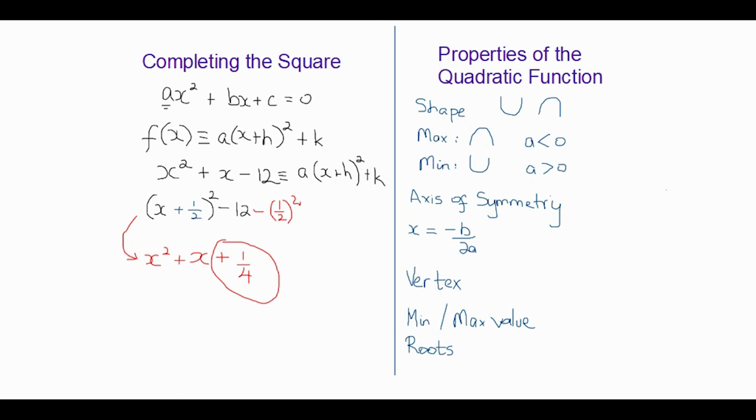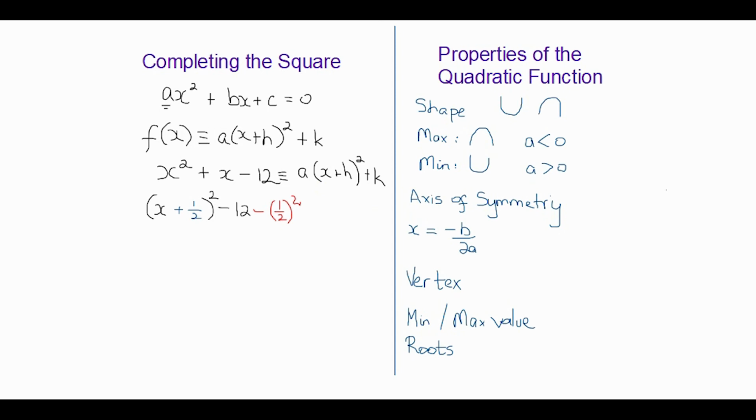So that way, when we simplify this entire statement, what we get in this particular form will in fact be equal to the x squared plus x minus 12. So what we're going to do now is simplify the constant that we have at the end here, and we'll be able to express this particular quadratic in this format.